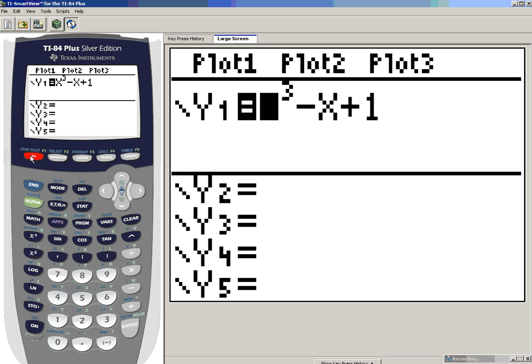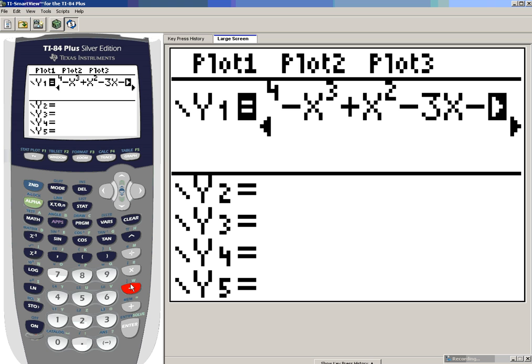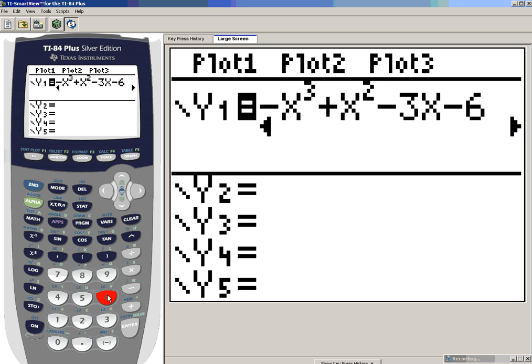Y equals x to the 4th minus x cubed plus x squared minus 3x minus 6.